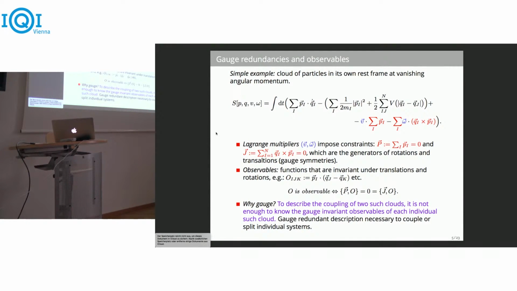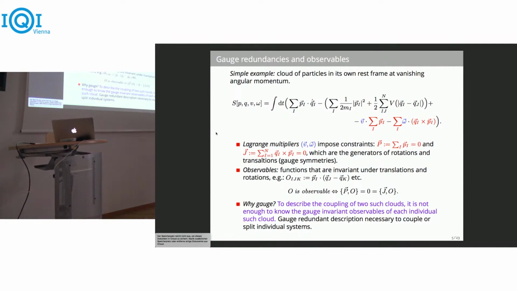is not, or the coupling is not achieved by writing in terms of gauge invariant observables of each individual system, but rather of gauge invariant variables of the entire coupled system.